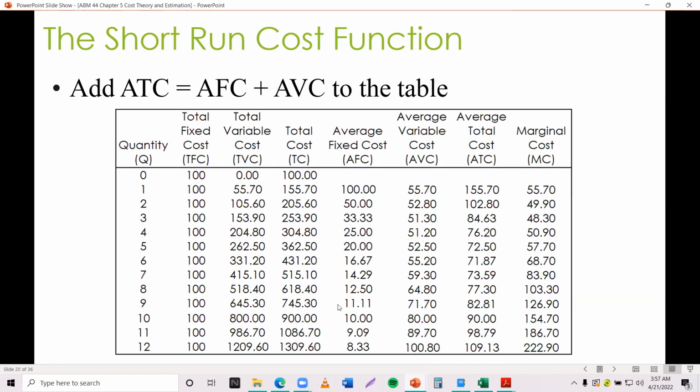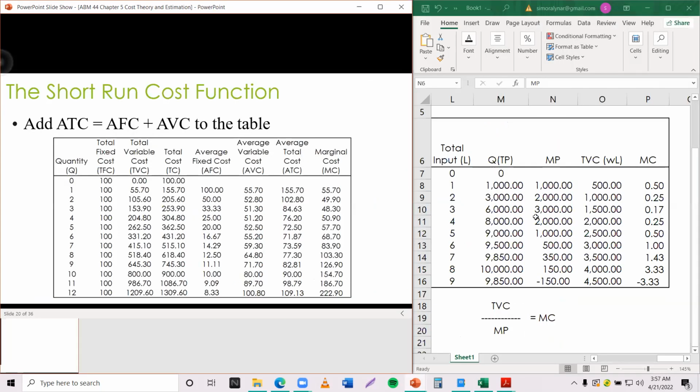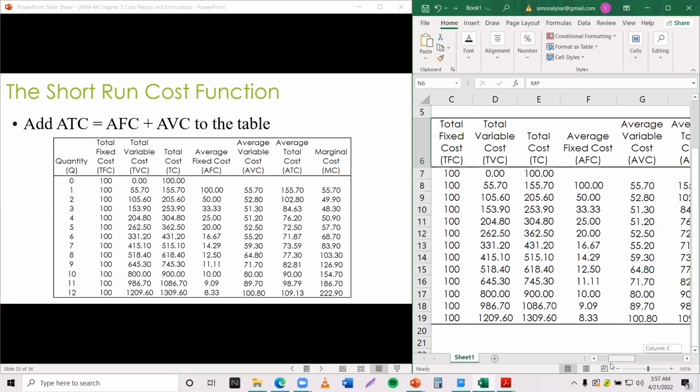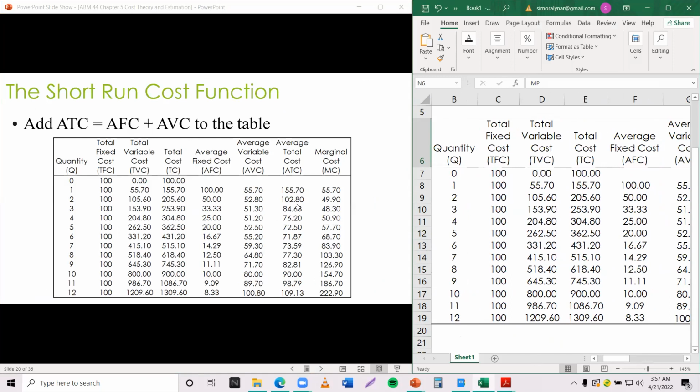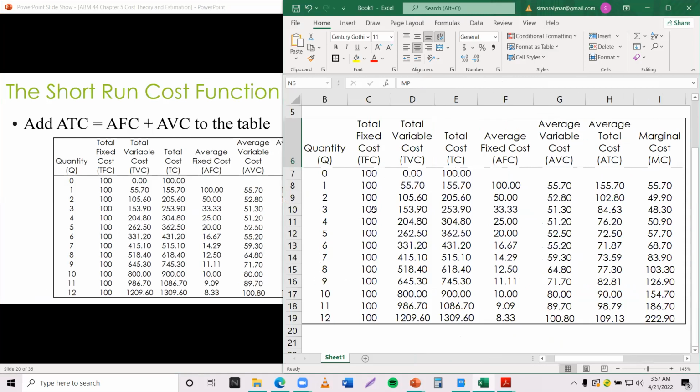So we have this table. We are going to add ATC, AFC, and AVC to the table. I hope you can see my screen. It is actually the same table as before.